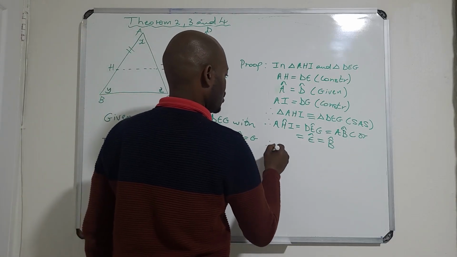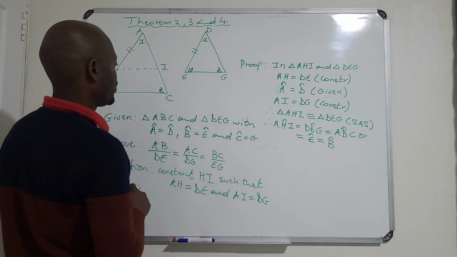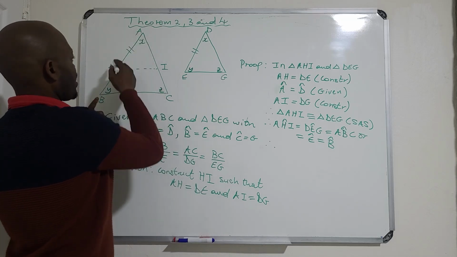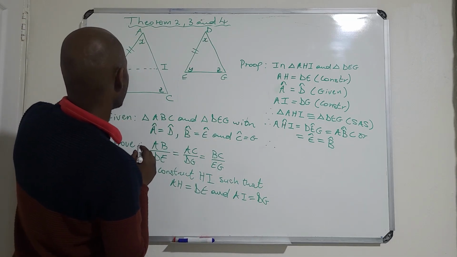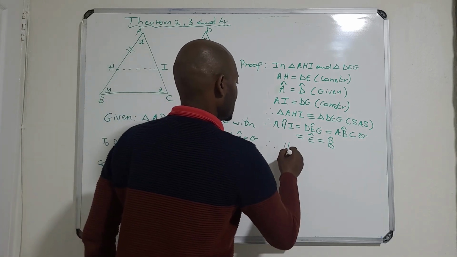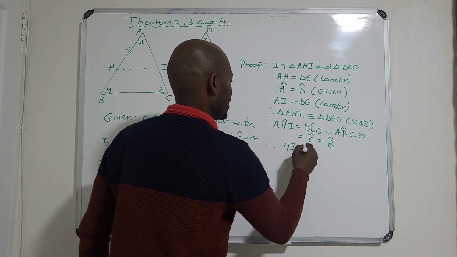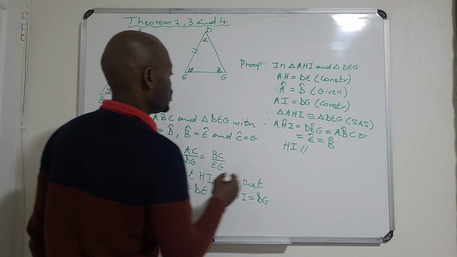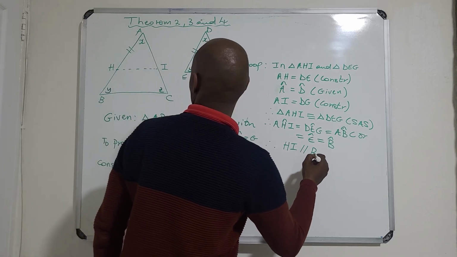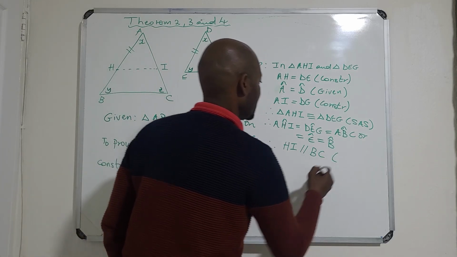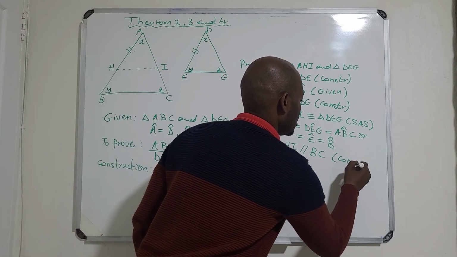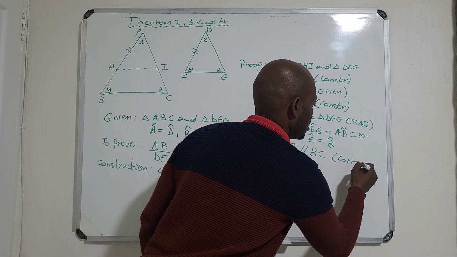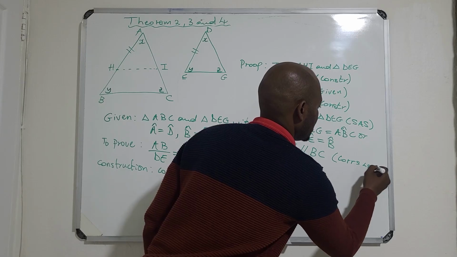Therefore, since this angle is equal to that angle, we know that HI is parallel to BC. Reason? Corresponding angles are equal.